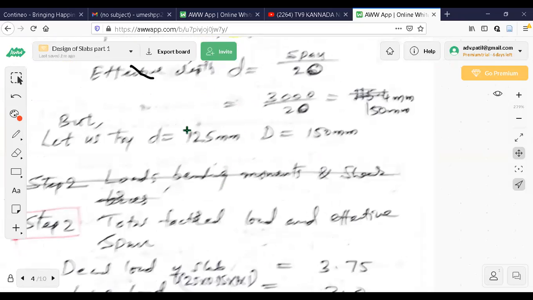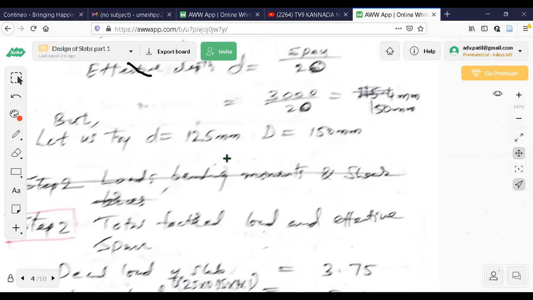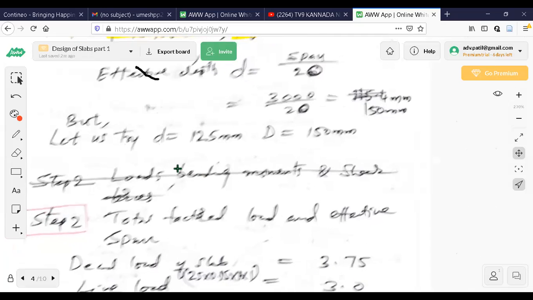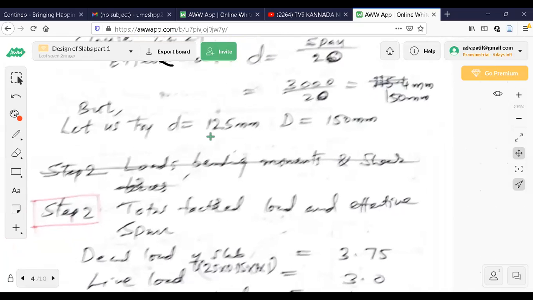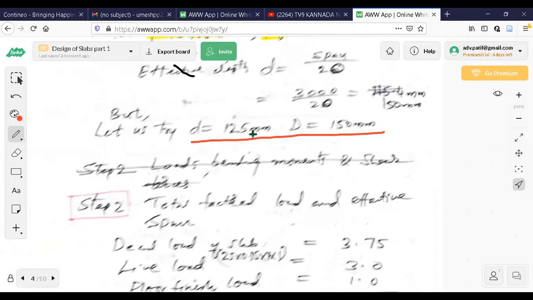If somebody tries 100 and the checks are okay, design is not unique. It can have more than one solution. So as a first trial, based on this empirical equation, I am going to start with small d as 125 and capital D as 150.